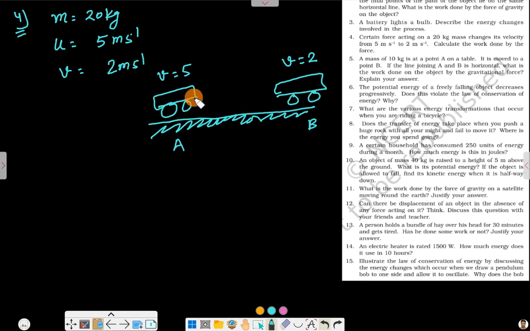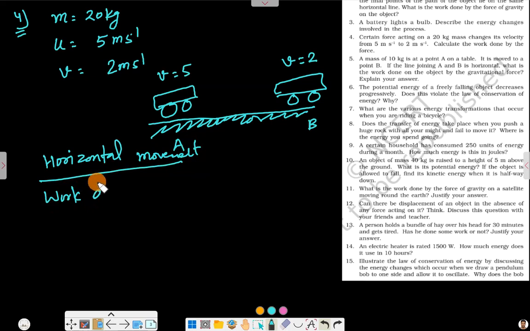So the object is moving horizontally. And if there is horizontal movement, then the work done is equal to the change in kinetic energy. If there is vertical movement, then the work done is equal to the change in potential energy. If there is horizontal movement, then the work done is equal to the change in kinetic energy.